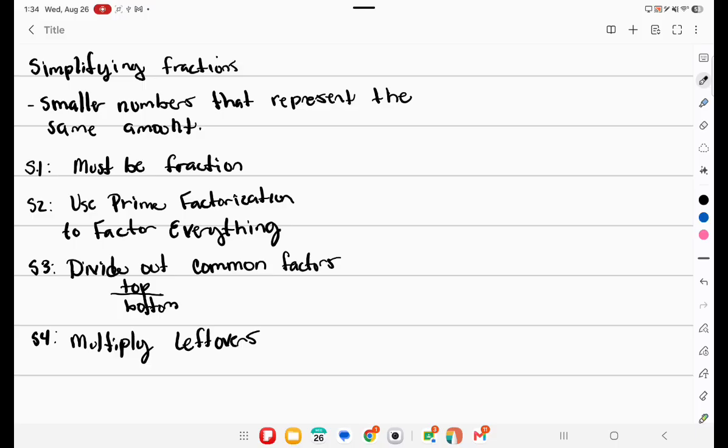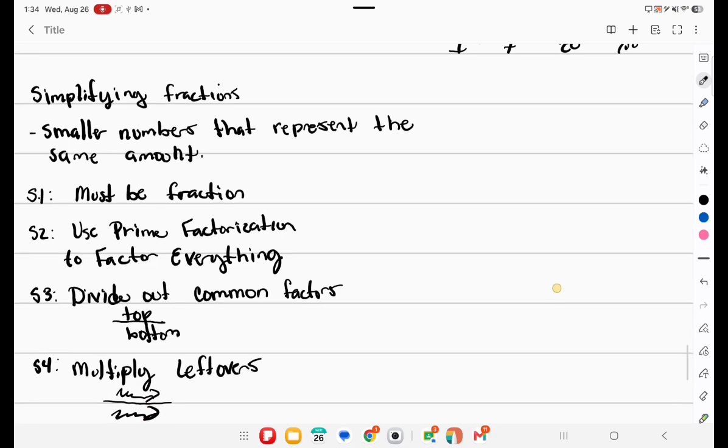So once you divide out the common stuff, whatever is left over, you multiply. What I mean by that is everything at the top gets multiplied together and everything at the bottom gets multiplied together. That's all. Don't go multiplying everything, just top and bottom. All right? I'll put a little arrow here. That's fine. All right, let's practice now.